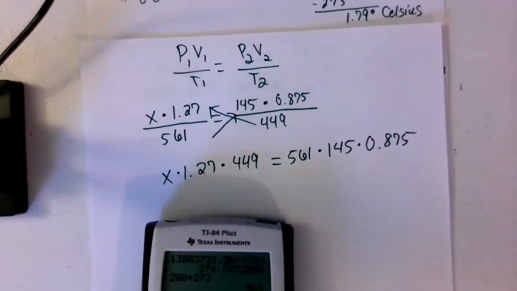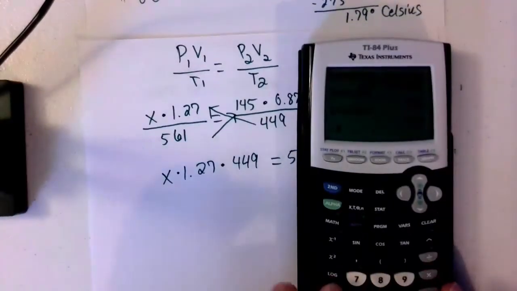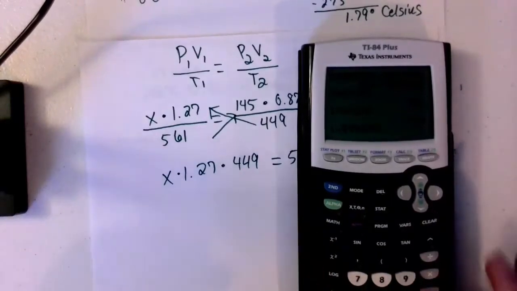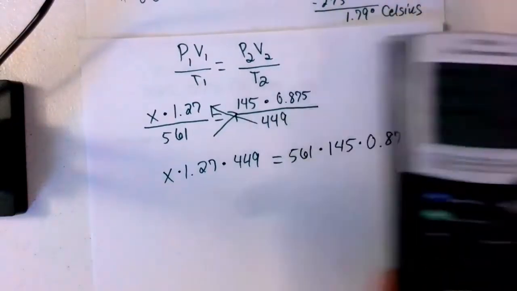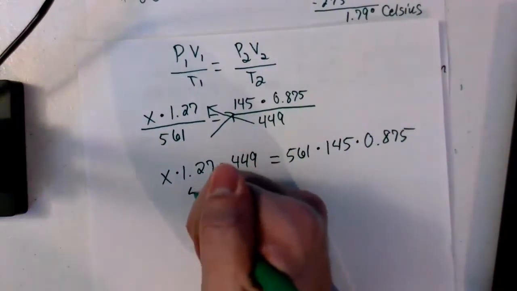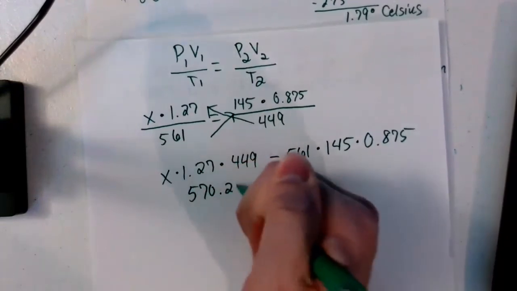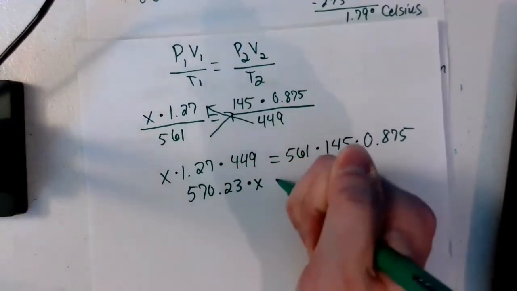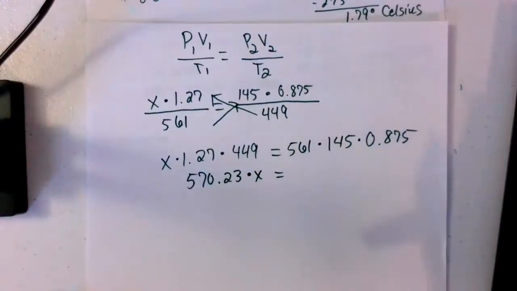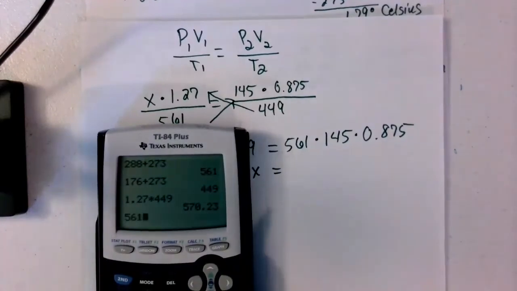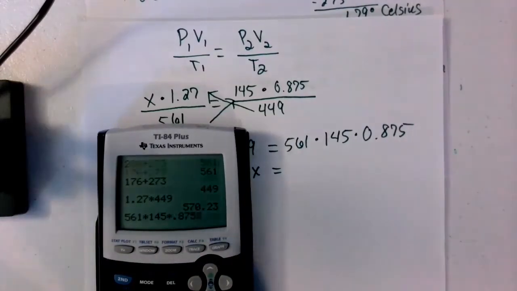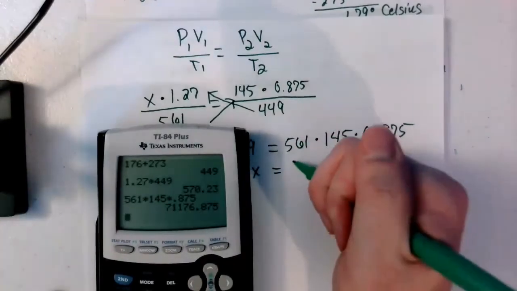So we're going to multiply 1.27 times 449, and that gives me 570.23. But don't forget, we still have times X on this side because we can't combine those together. Now on the other side, we are going to do 561 times 145.0 times 0.875.